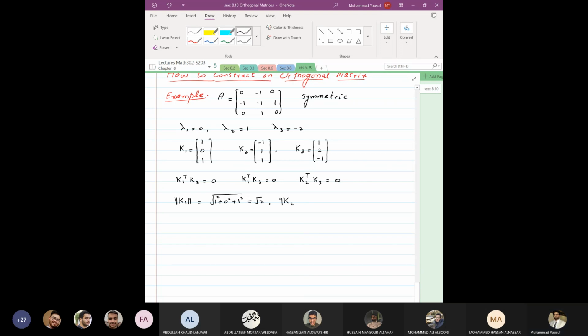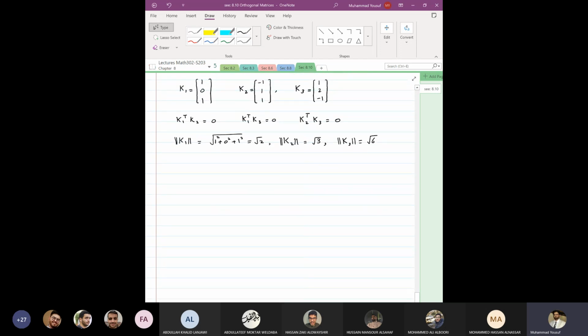Similarly, the K2 norm is equal to square root of 3. And the K3 norm is equal to 1 plus 4 plus 1, square root of 6.